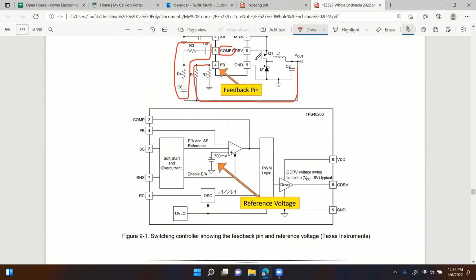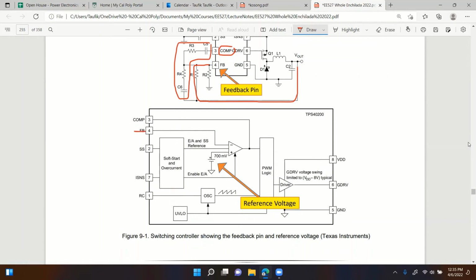So if you look at the block diagram of the controller right here, that's provided. You can see that right after the feedback pin, the signal goes into this amplifier, op-amp, sorry, right there.